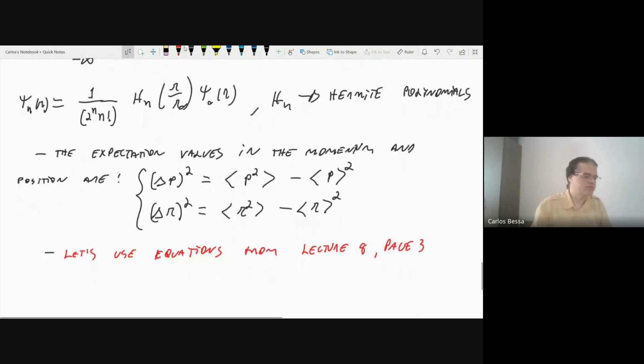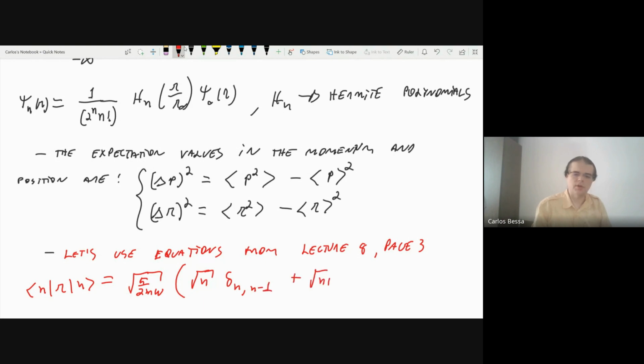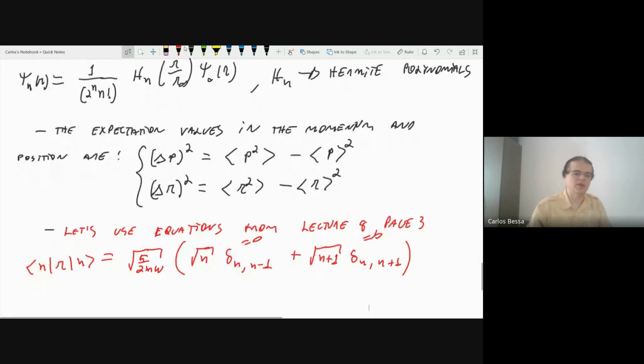So we found this in the n state, R is equal to this, 2m omega, this will give us root n delta n minus 1 plus root n plus 1 delta n plus 1. Well, using the properties of the delta function, this will always be 0, because it is the average in the same n. So this is 0.